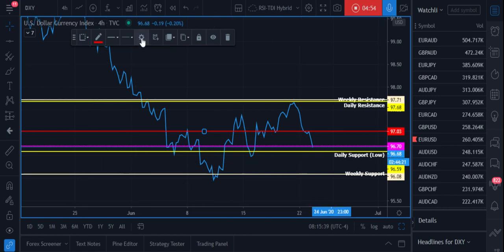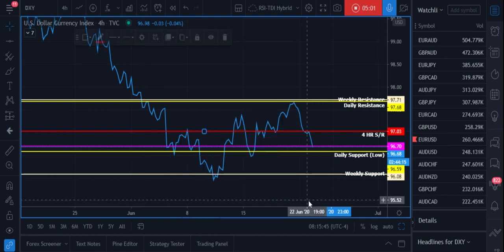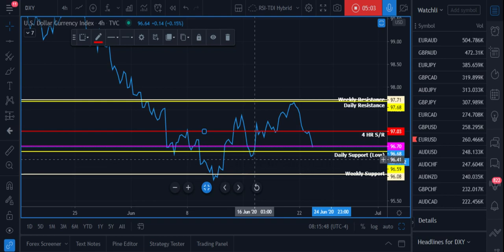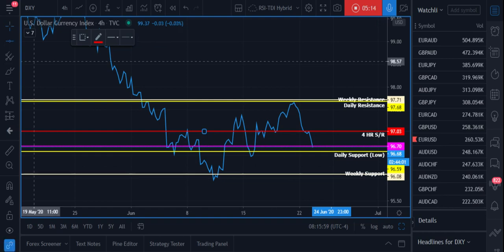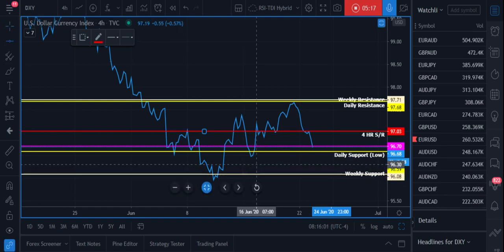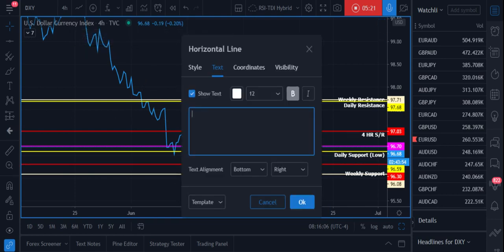Now, I'm going to mark this 4-hour support resistance. I'm going to do the same thing here. I'm going to see if I can find a point, which might be a zone. Let's see. I like this one. Price is here, so I'm going below price. So I'm going to go here. And I could have just cloned the other one to make it easier. 4 hour support resistance.